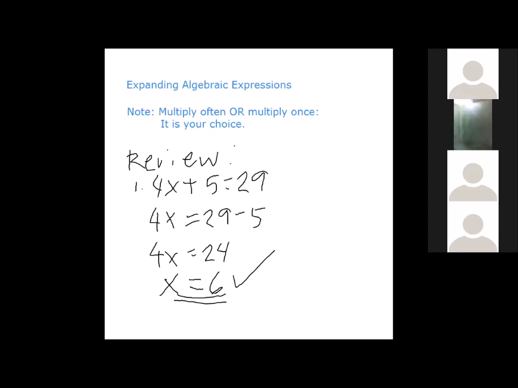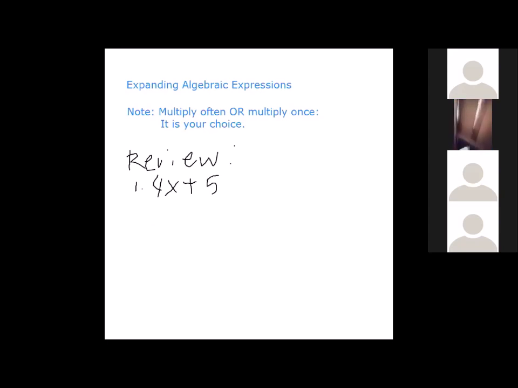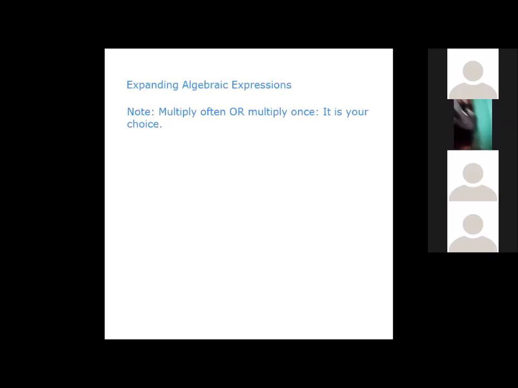Anyway, I just discussed about the terms, but I'm happy to know that you both understand about solving equations. Okay? Okay, expanding algebraic expressions. This time, note that with this lesson, you either multiply many times, or multiply it once. Okay, maybe we can start with the first example. 5 times 13, and then 5 times 87.